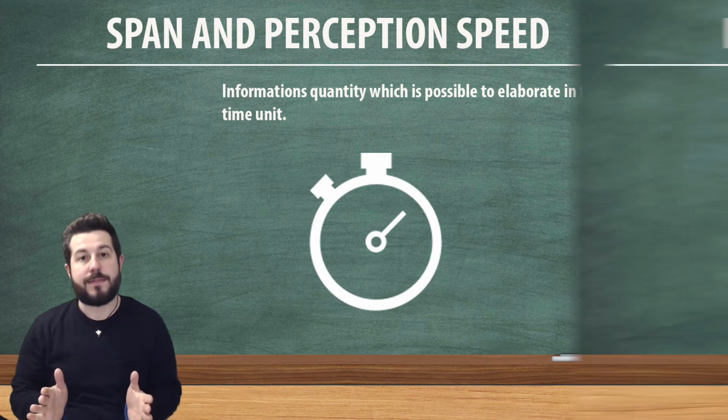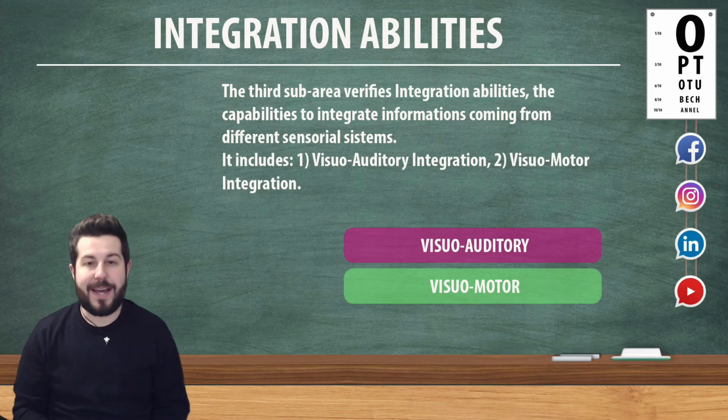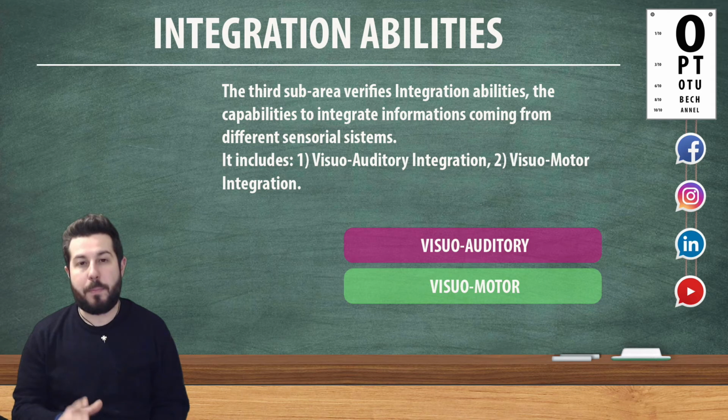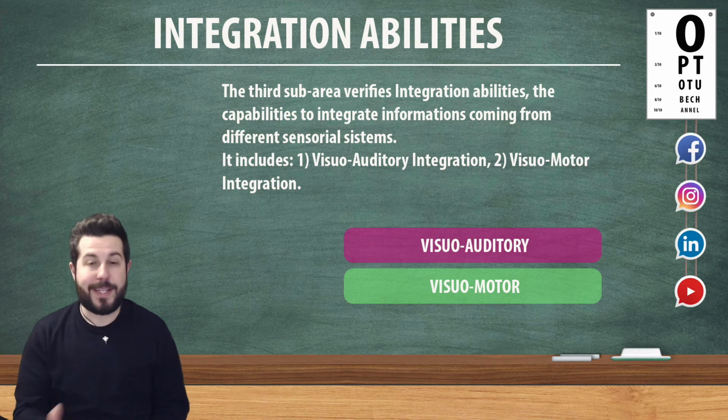The third and last sub-area is cross-modal integration abilities and includes visuo-audio integration abilities and visuo-motor integration abilities. This area verifies the patient's capability to integrate information coming from different sensorial systems.